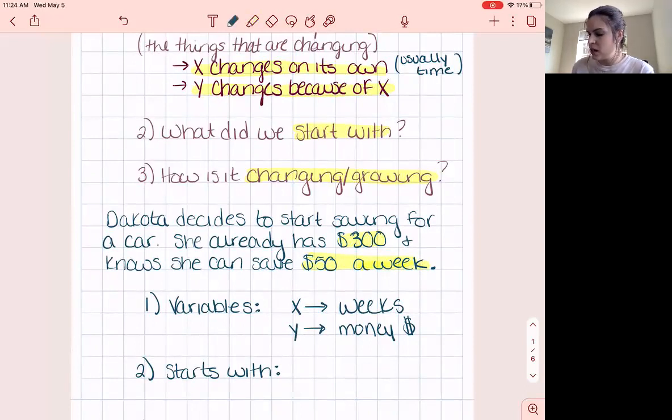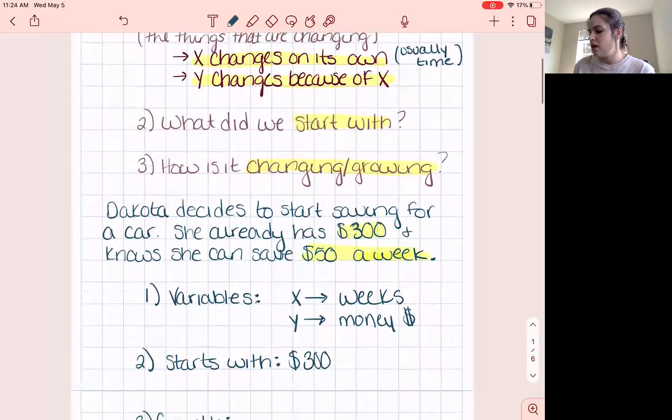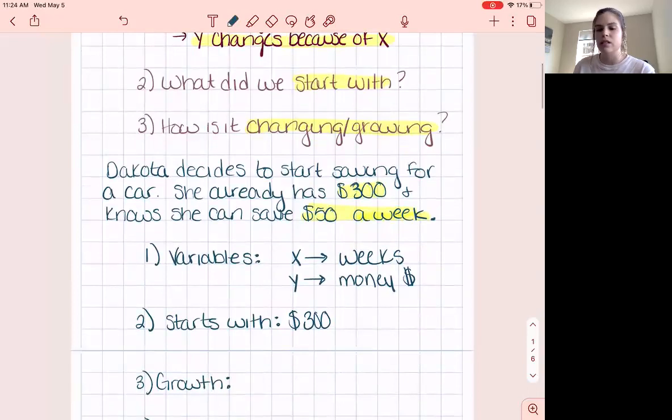She starts with how much money? Well, it says she already has 300. So this one starts with 300. And then the third thing we need to know is the growth. Well, that's your other piece we have highlighted that says 50 a week. So our growth is going to be 50 a week.